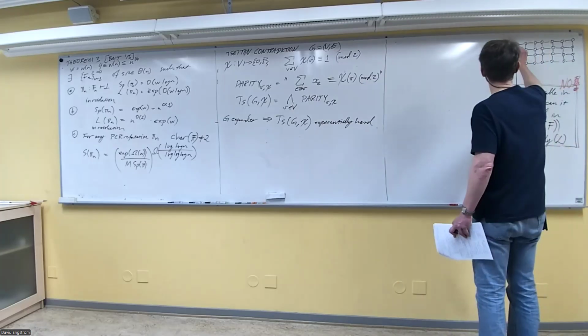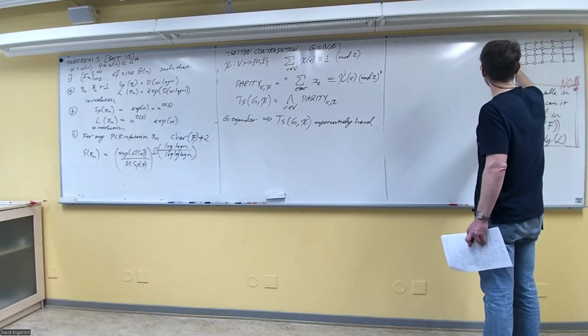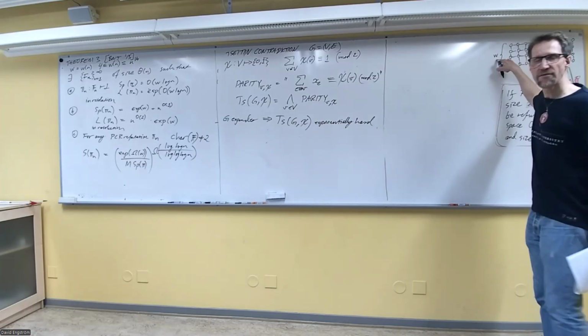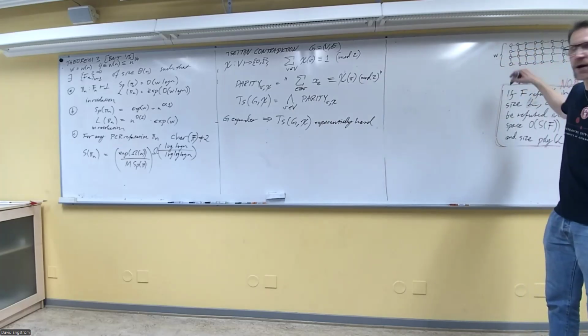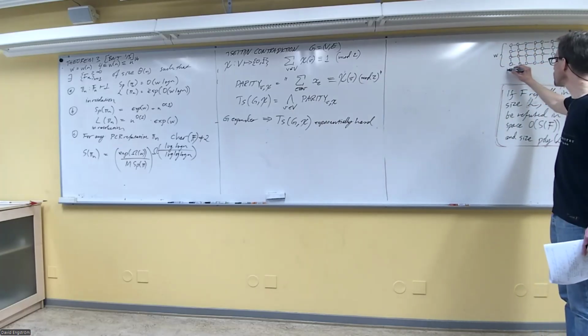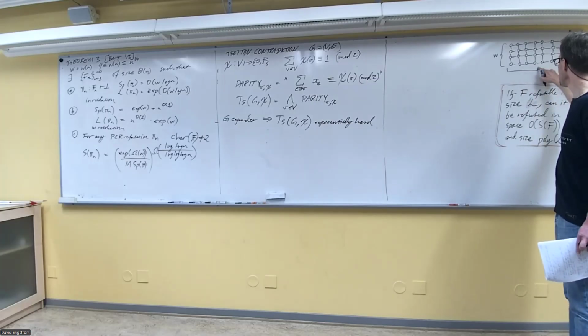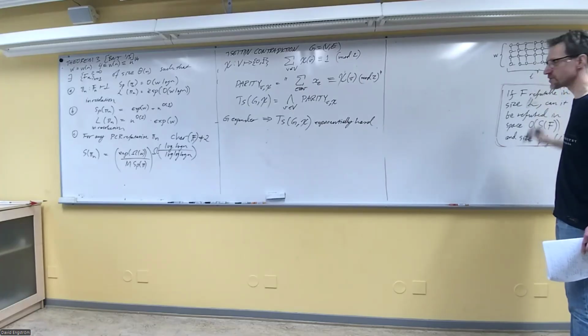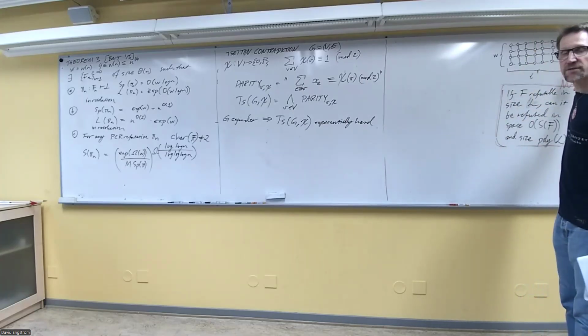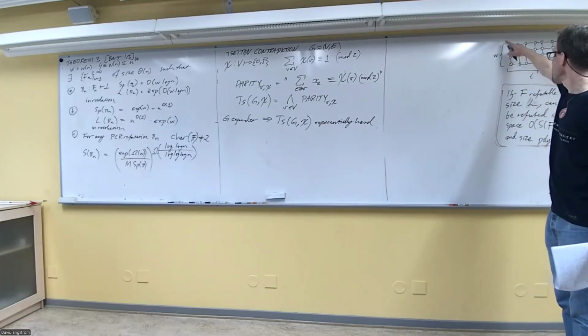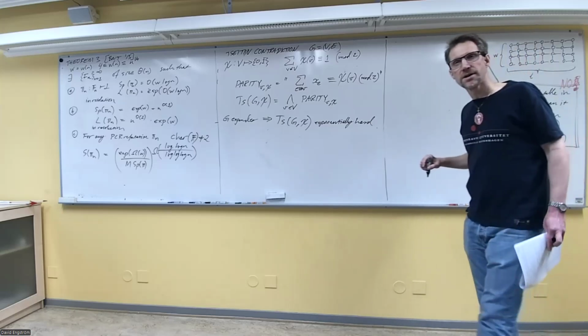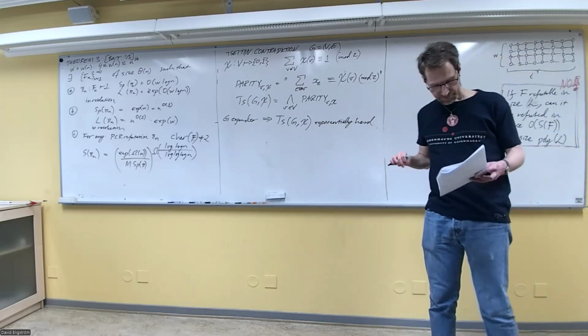And what we're going to do is we're going to look at long, skinny grids. We're going to have w rows, where w is a small number, and then we're going to have l columns. So the length of the grid is going to be large, and the width of the grid, if you wish, is going to be very small.